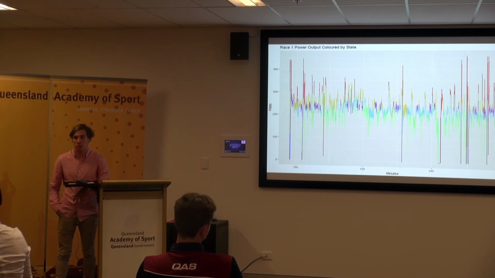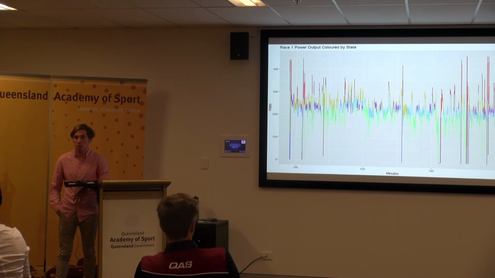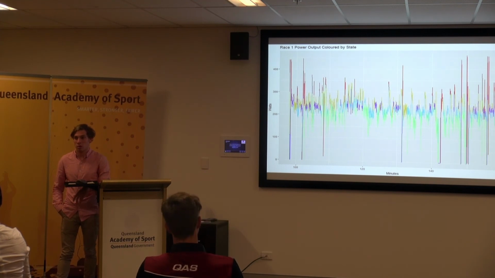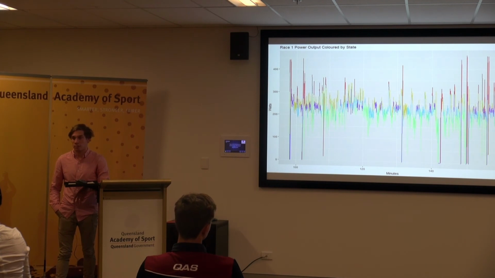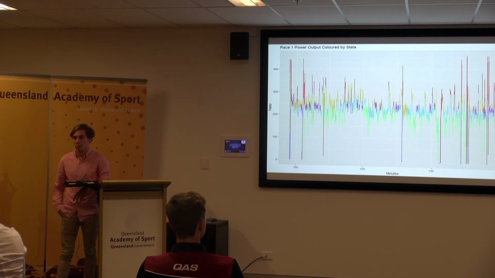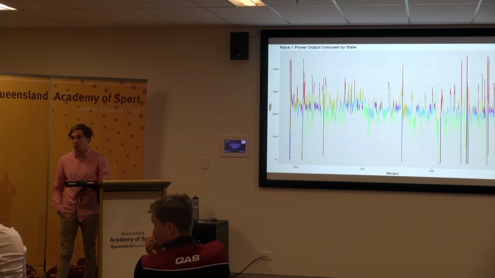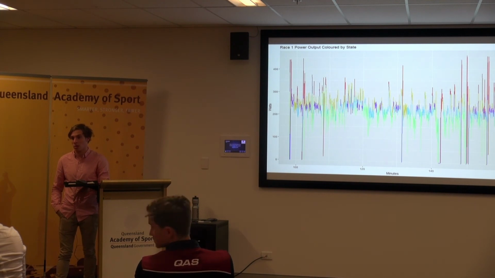If we had enough data, and we associate state 1 with a physiological model, your anaerobic capacity, can we locate in there that it shouldn't be able to occur any more than, say, 30 seconds apart or 2 minutes apart? And if it does, that's a point in the race that's been very critical, and it may have been the point where the outcome of the race turned, when they had to exceed their limit.